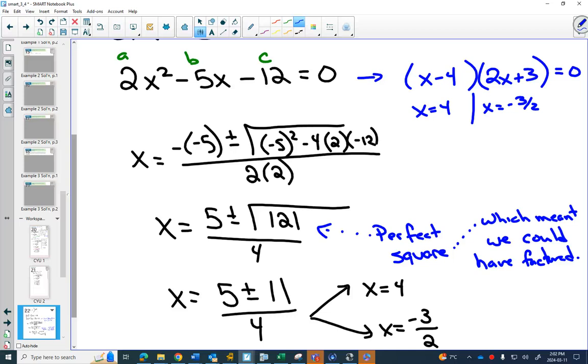But as soon as you get that perfect square in there, it's like, oh, I missed a shortcut. Because the factoring, I'm going to say, is still way shorter. Look how much I had to write in blue to solve this if I factored. Not very much.